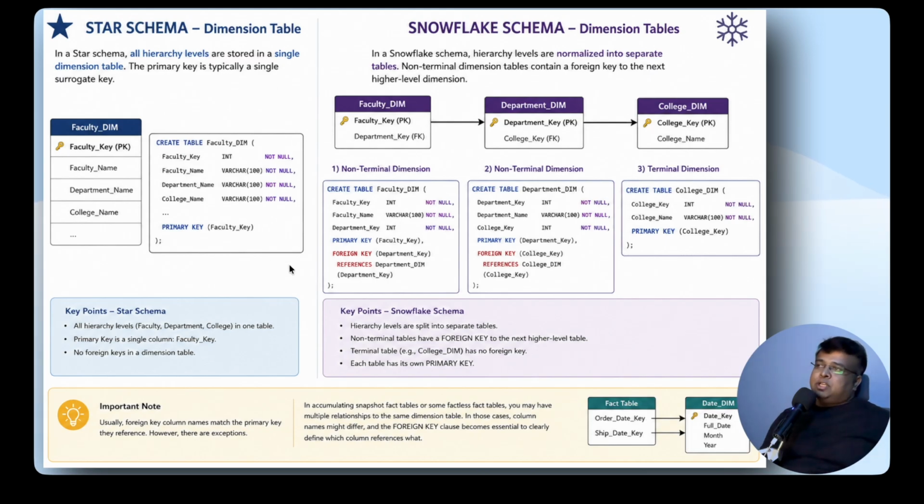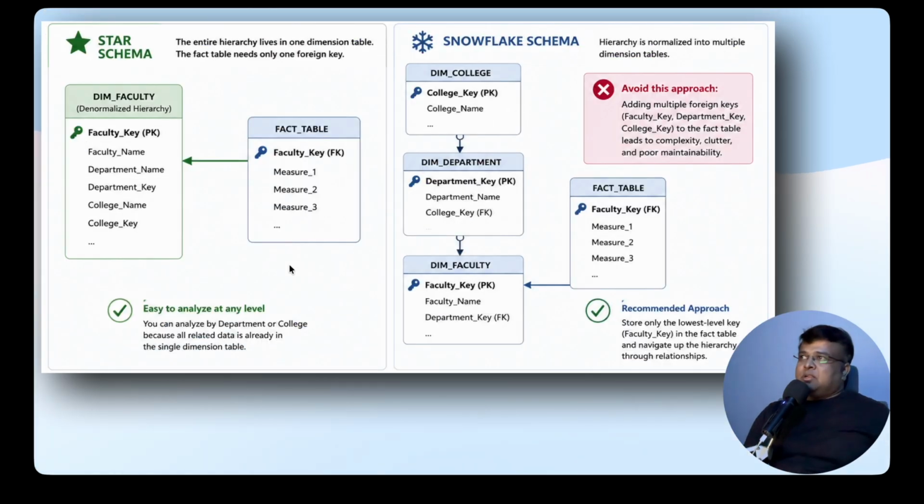Now usually foreign key column names match the primary key they reference, but there are exceptions as well. For example, in accumulating snapshot fact tables or some factless fact tables, you may have multiple relationships to the same dimension table. In those cases, the column names might differ, and the foreign key clause becomes especially important because it clearly defines which column references what.